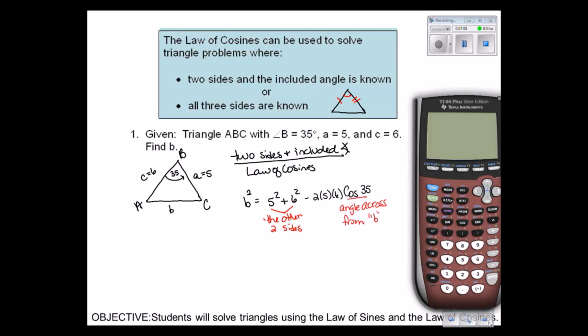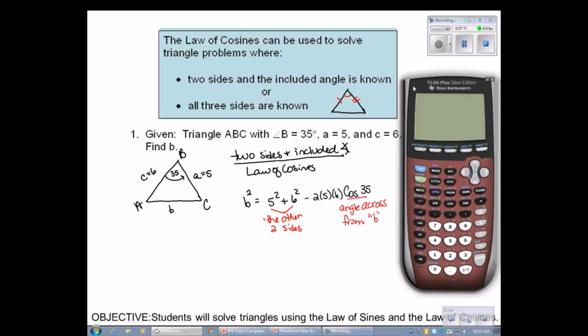This is just a matter of typing it in your calculator. Remember that you need to be in degree mode on your calculator. So 25 plus 36 minus 2 times 5 times 6 times the cosine of 35. That's what b squared equals.